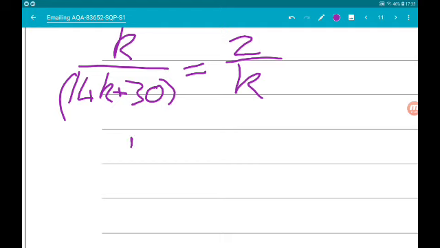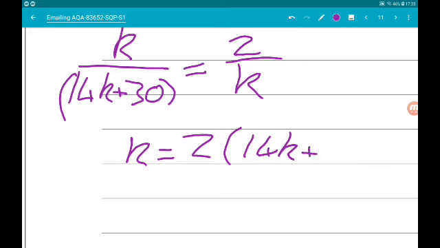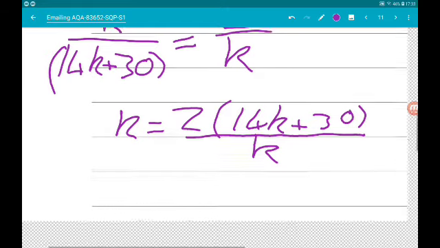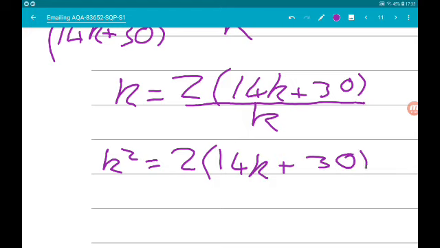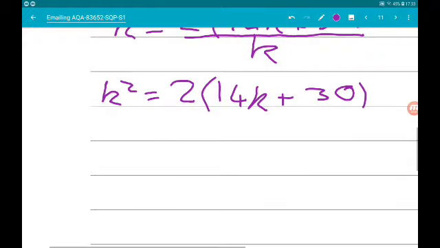Then we're going to get k is equal to 2 lots of 14k add 30 all over k. Let's now multiply through by k. So we get k squared is equal to 2 lots of 14k add 30. Let's now expand the brackets.